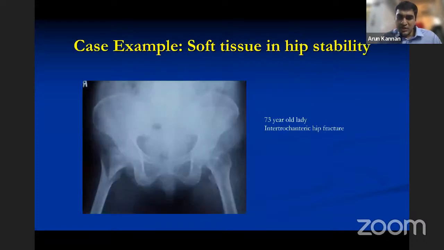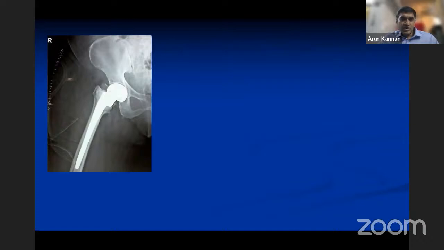So this was a 73-year-old lady who had an intertrochanteric hip fracture, and this was the first hemi done. You can see it was a non-modular hemi that's been cemented in place. She had this greater trochanter that was not reconstructed, which means we don't know the status of the abductor mechanism, or whether there was a vastus attachment distally.